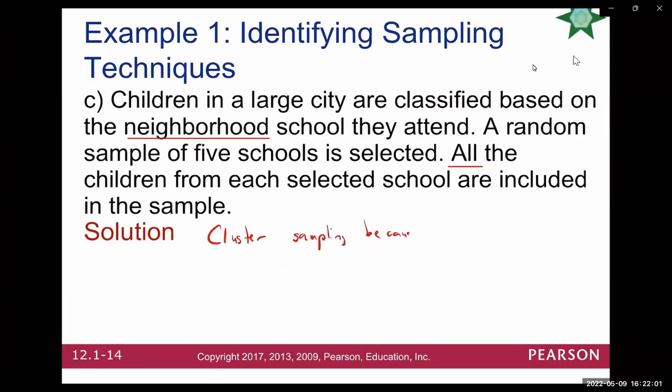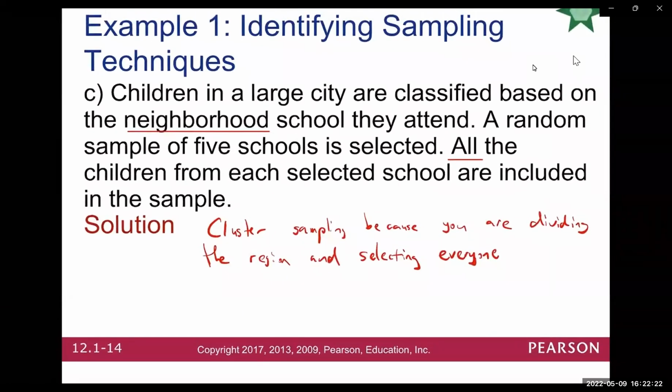Because you are dividing the region and selecting everyone from the selected schools.